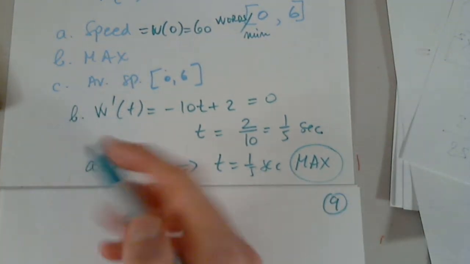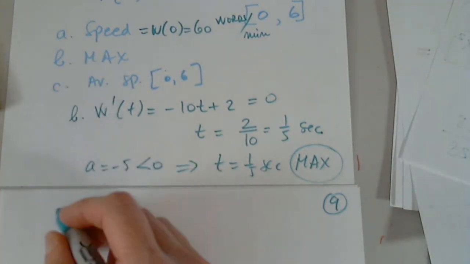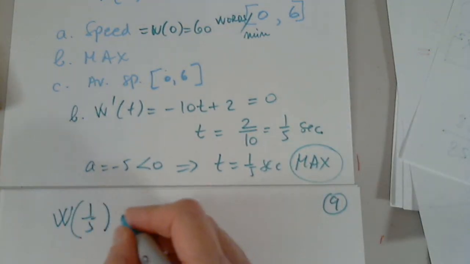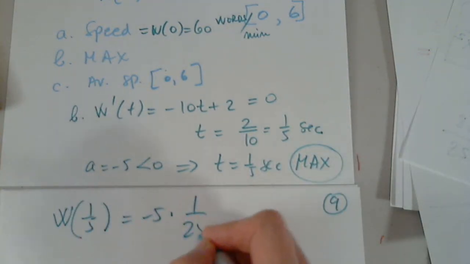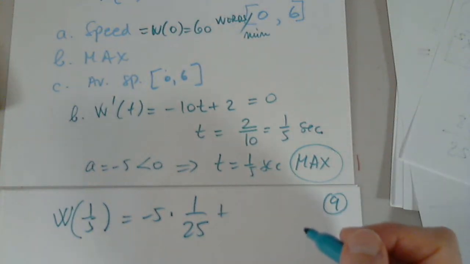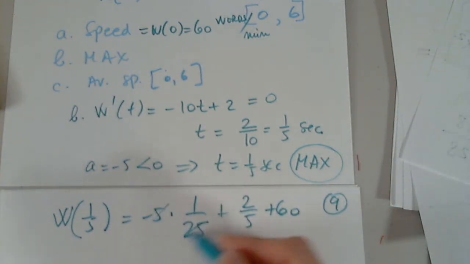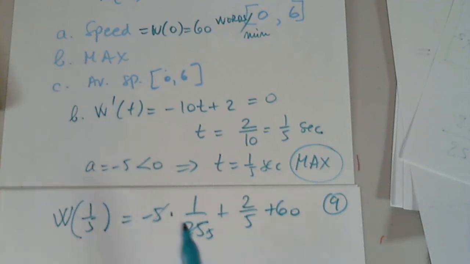So now we're asked to find the maximum speed. This will be W of 1/5, which is negative 5 times 1 over 25 plus 2 over 5 plus 60. I will simplify: negative 1 over 5 plus 2 over 5 is 1 over 5, plus 60.